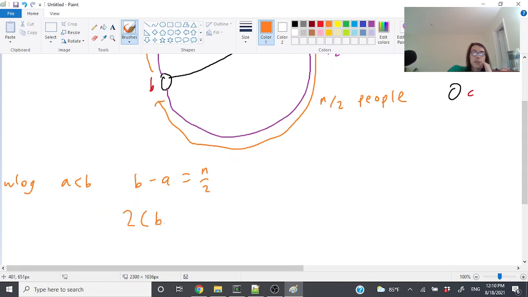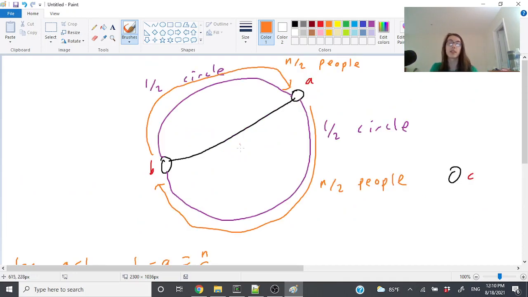To find n, we just solve for it. So n is equal to 2 times (B minus A). Or, the way I use in my code, it's the same thing: 2 times the absolute value of B minus A. And that way, if B is less than A, this formula will still work. So that gives us n.